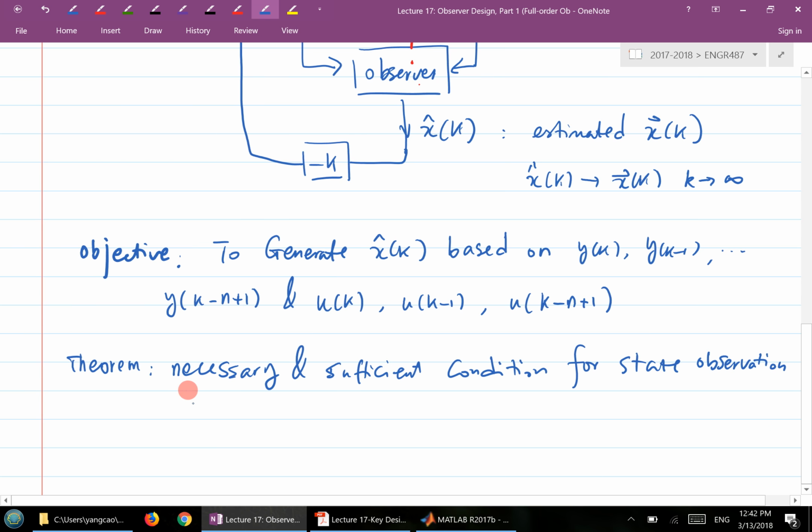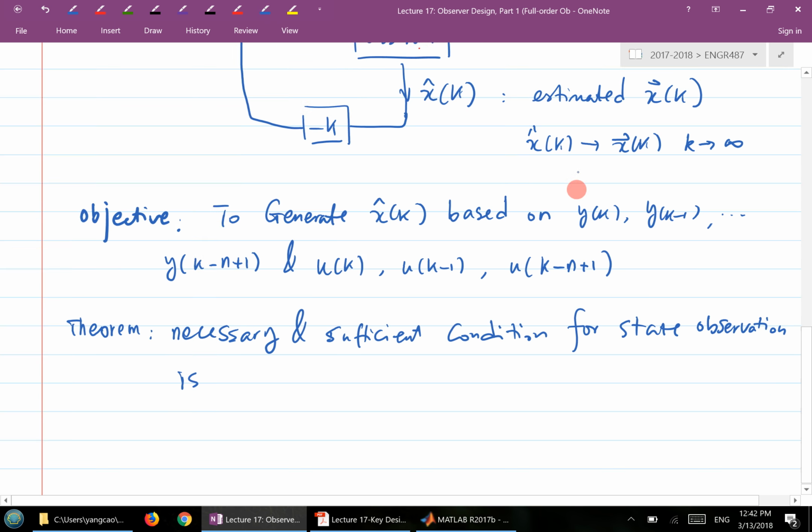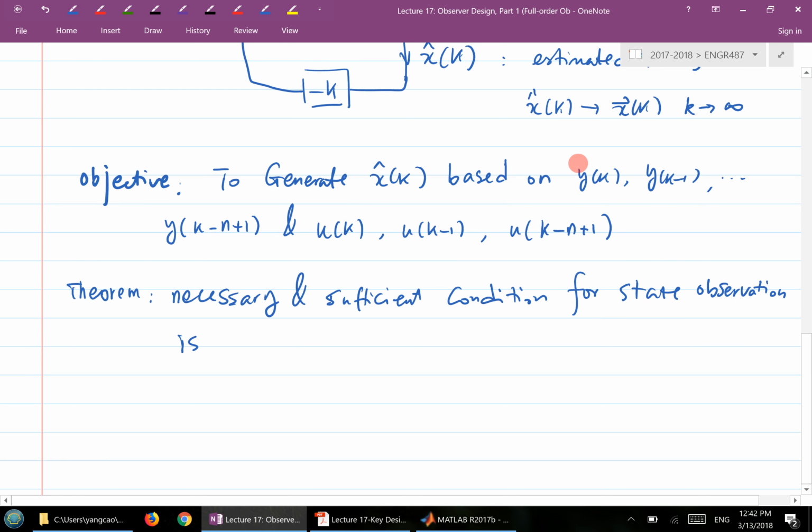This condition is the observability condition: you look at the rank of this matrix, and its rank needs to be full rank n.